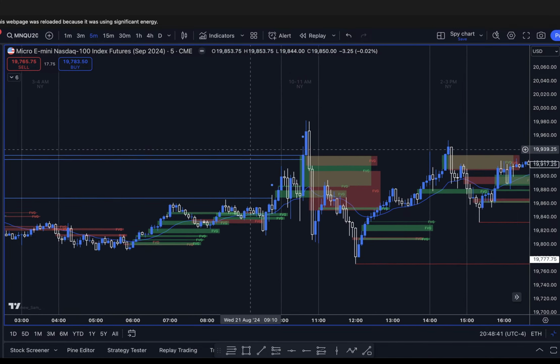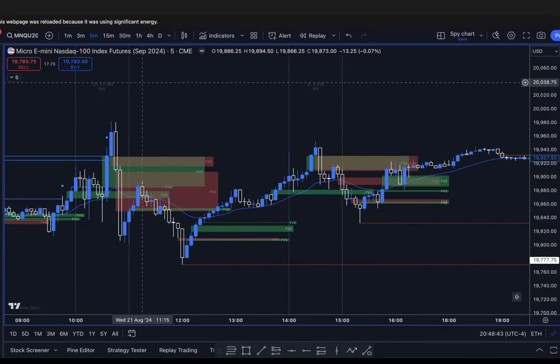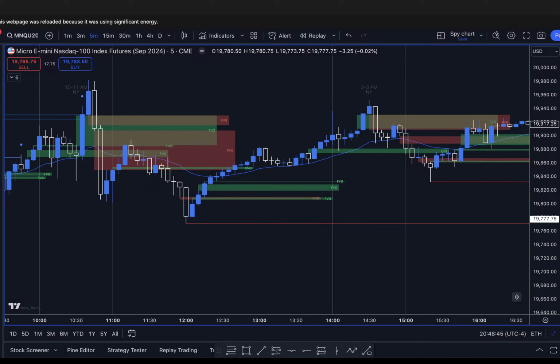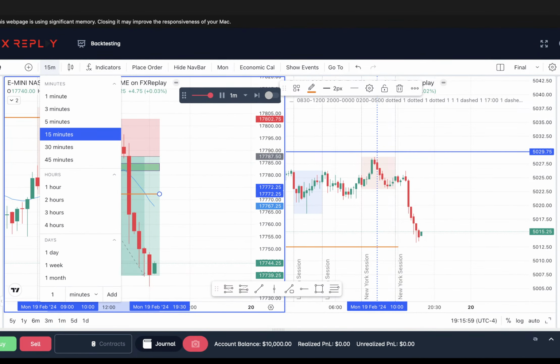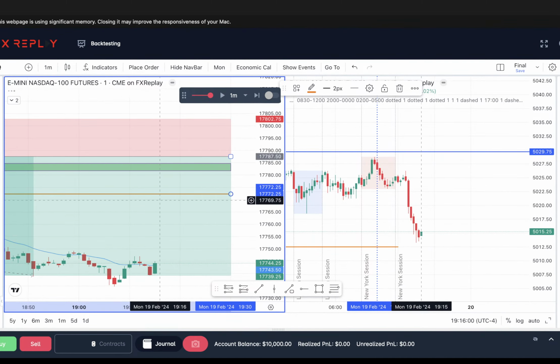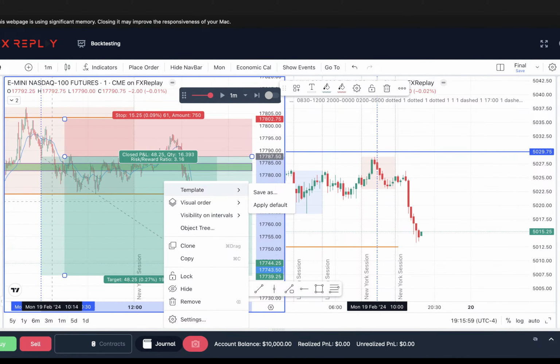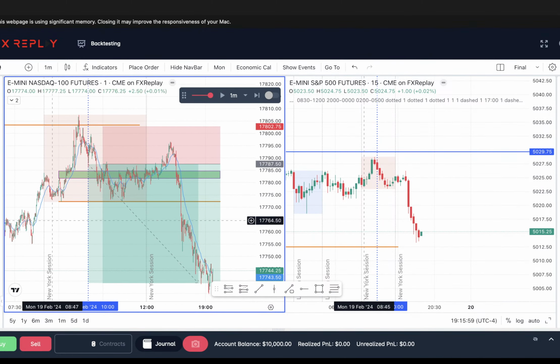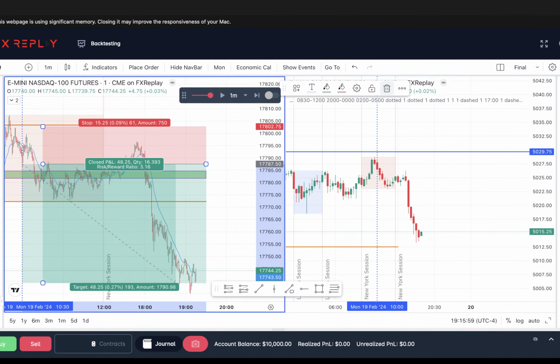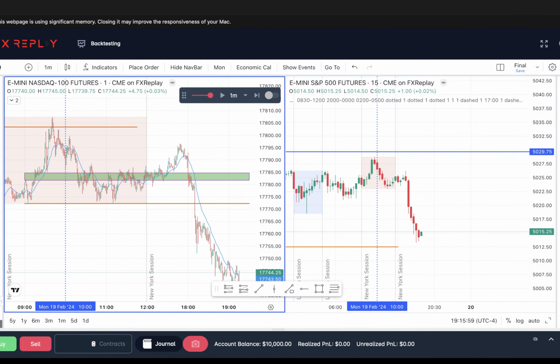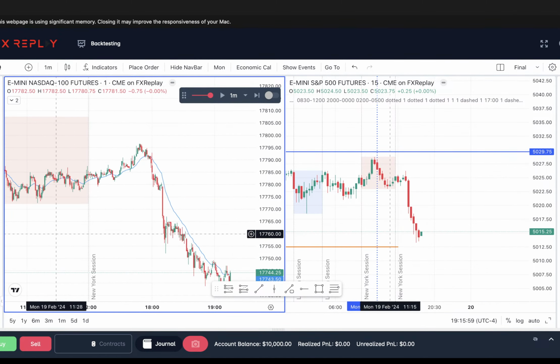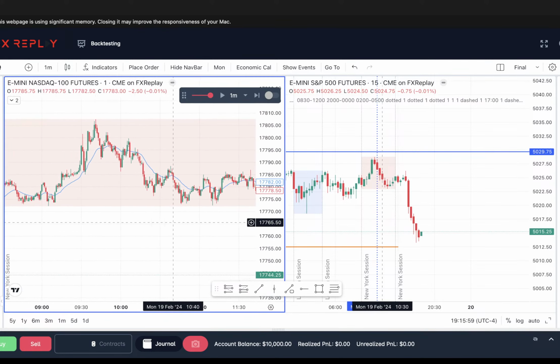But if you get on the 1-minute and don't get faked out, you'll get a better entry. This is why we're practicing on the 1-minute. So let's actually look at this on the 1-minute to see what our lovely entry would have been. Okay, so on the 1-minute, our entry would have been, let's delete all this. Liquidity sweep.